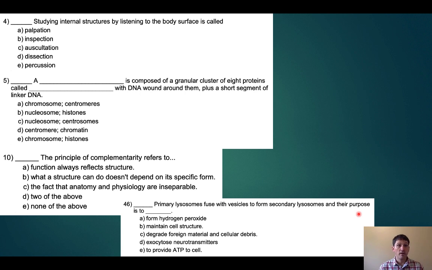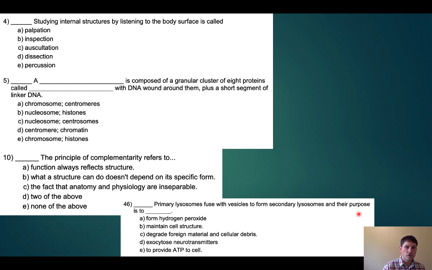Question number 5, a blank is composed of a granular cluster of 8 proteins called blank with DNA wrapped around them, plus a short segment of linker DNA. This one's a little bit harder, right? Because now you have two terms that you need to know and you need to be able to identify their definitions, but it's also asking you to kind of apply that information.